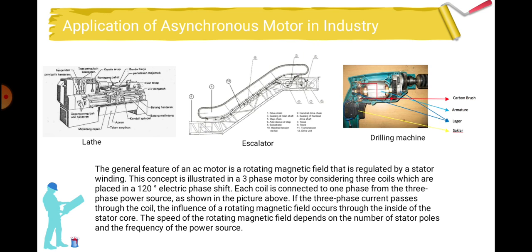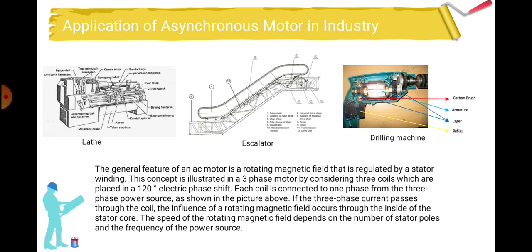The general feature of an AC motor is a rotating magnetic field that is produced by a stator winding. This concept is illustrated in a 3-phase motor by considering three coils, which are placed 120 electrical degrees apart. Each coil is connected to one phase of the 3-phase power source.